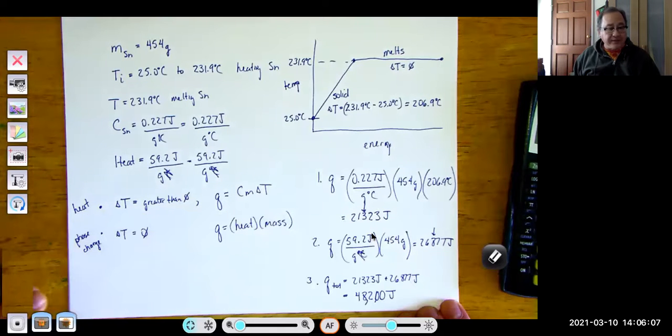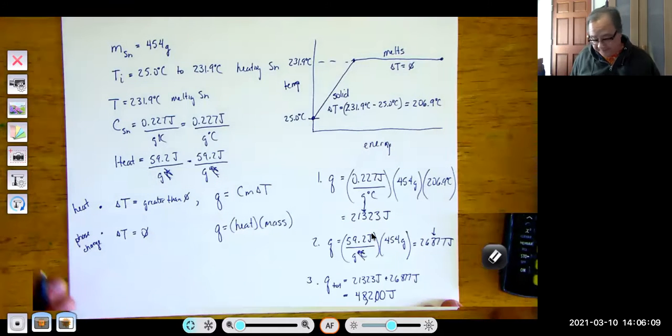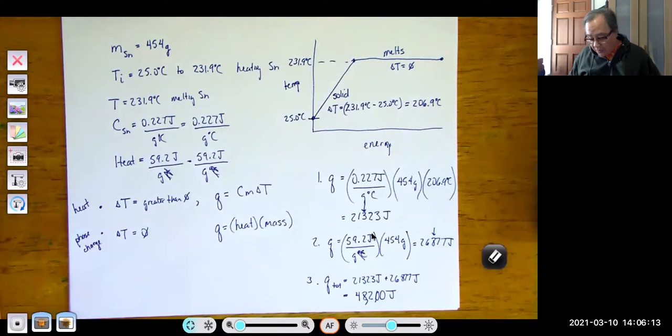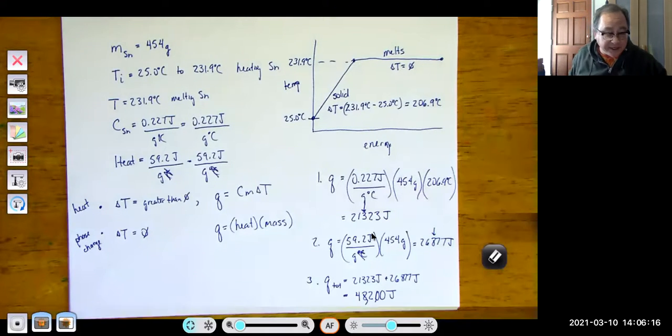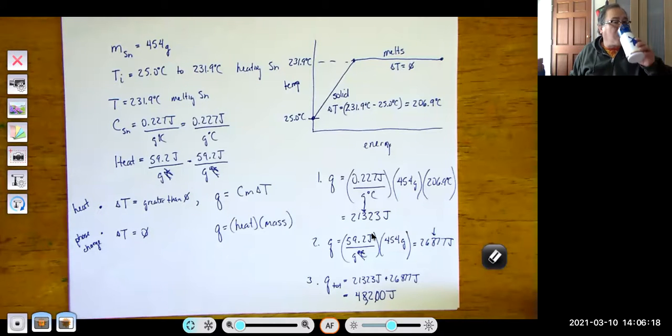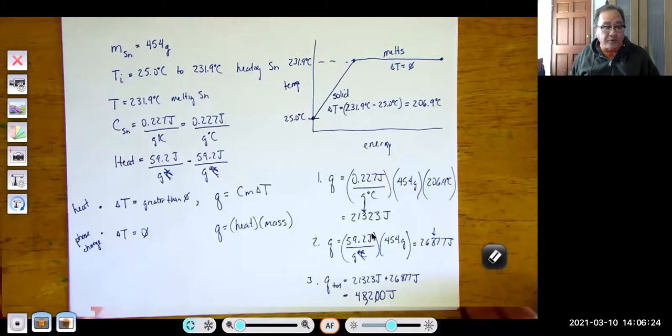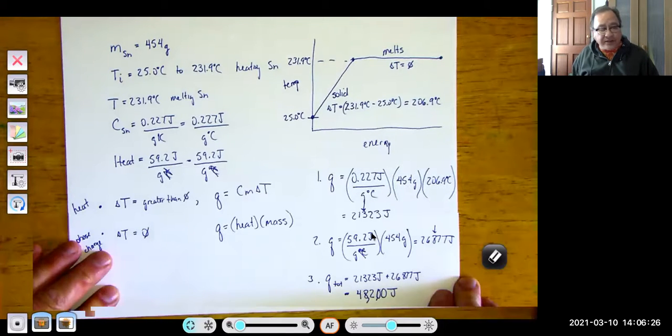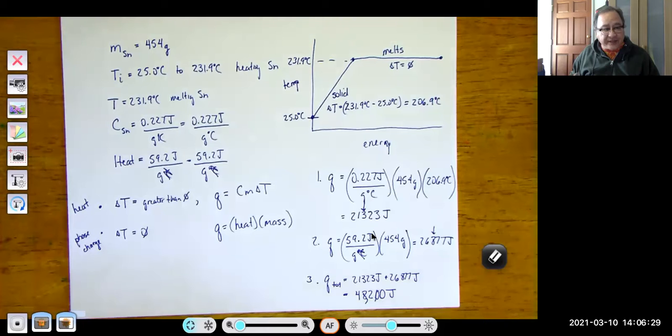So that's how much energy it would take to do all of this. And so you can see you would actually use more energy to melt this stuff than you would to change its temp. And that's not unusual. A lot of times it takes more energy to do a phase change than it does to warm something up.